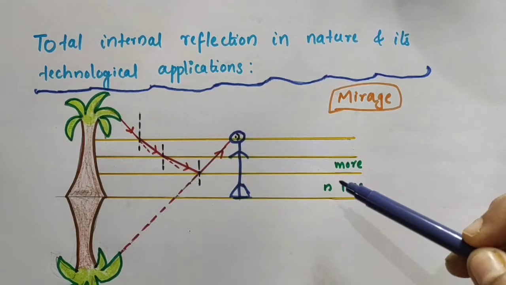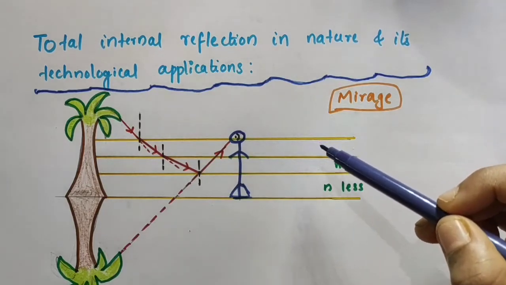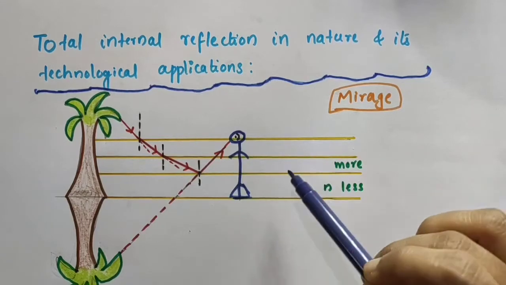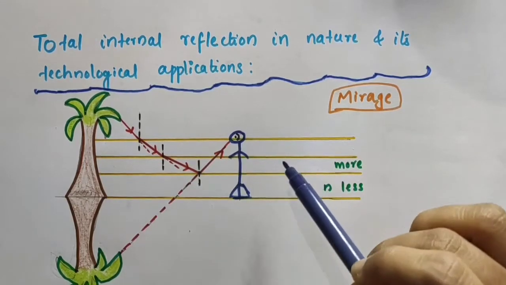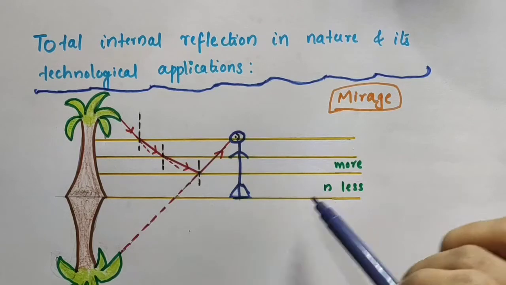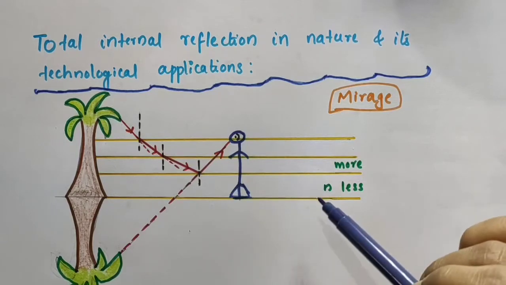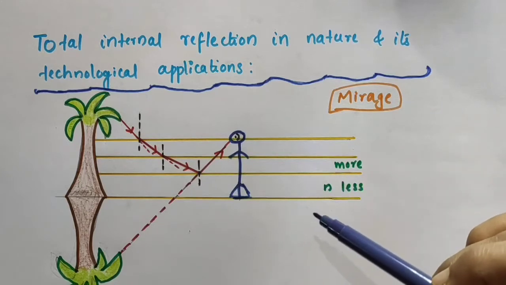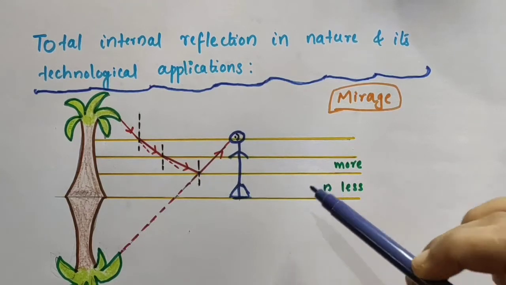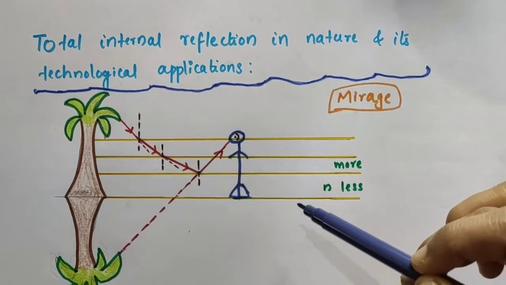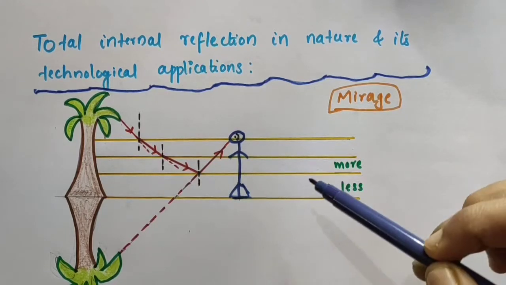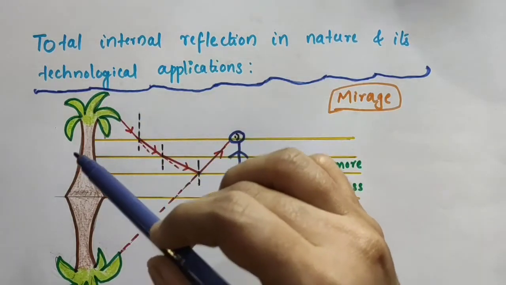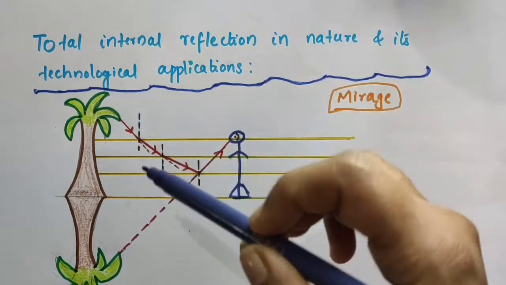We know that when a ray of light passes from a denser medium to a rarer medium, that is, from higher refractive index to lower refractive index, the light ray bends away from the normal. This layer of air is optically denser than this layer. Now consider a tree here on the ground, or any other tall object.